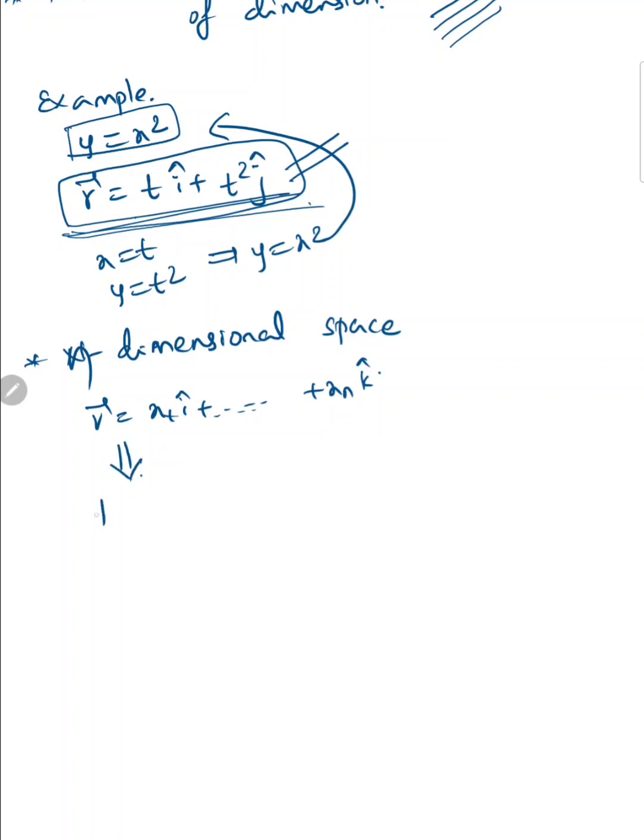This vector is called a tensor. The vector which covers n-dimensional space is called a tensor. So this is the advantage of vectors: a vector covers any number of dimensions, and a curve is a locus of a point which depends upon a single parameter. So this is what exactly a curve is.